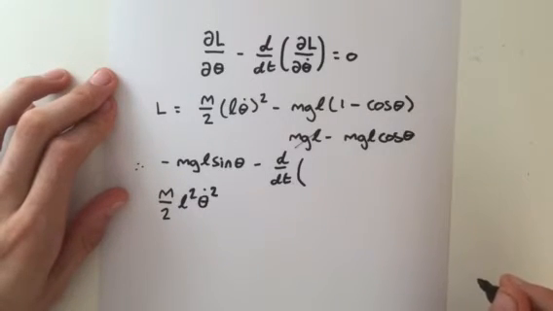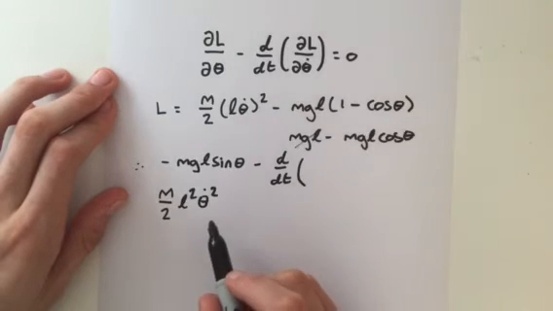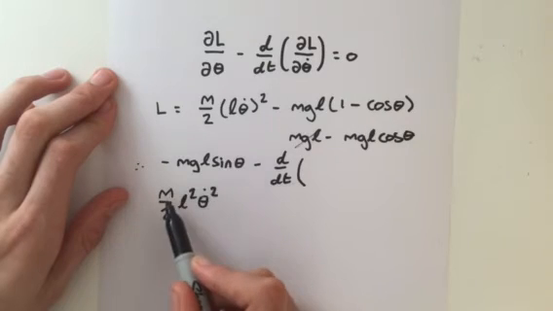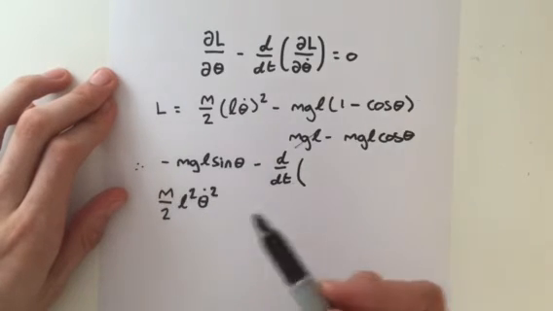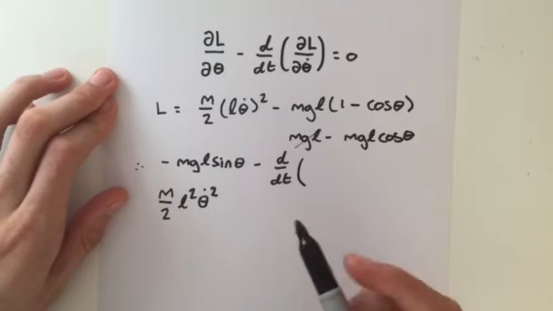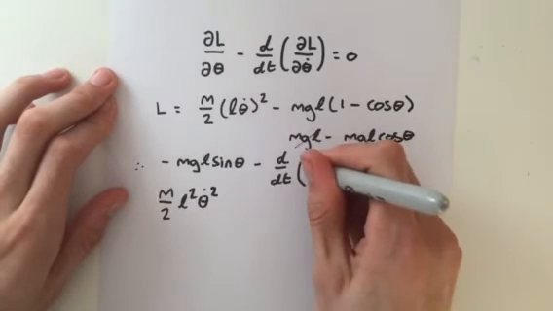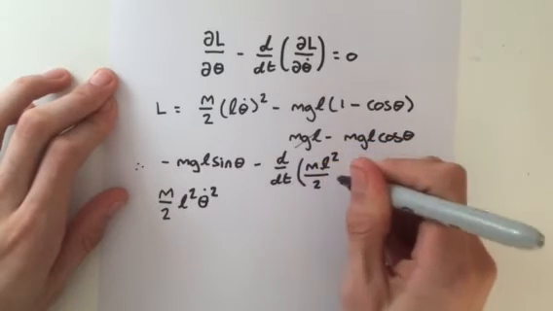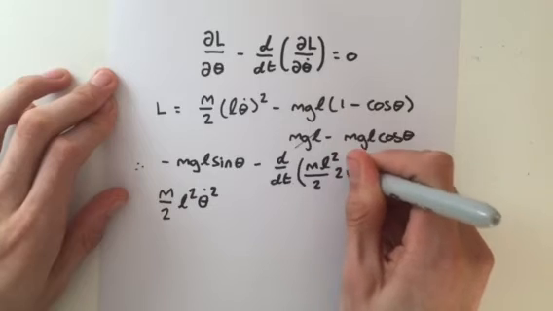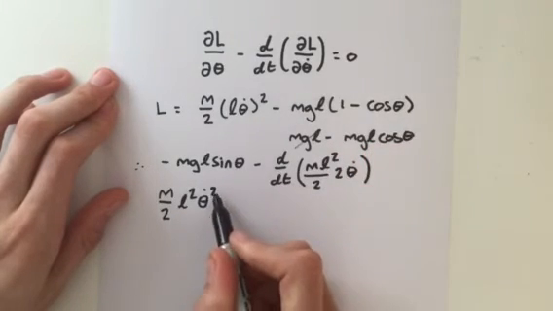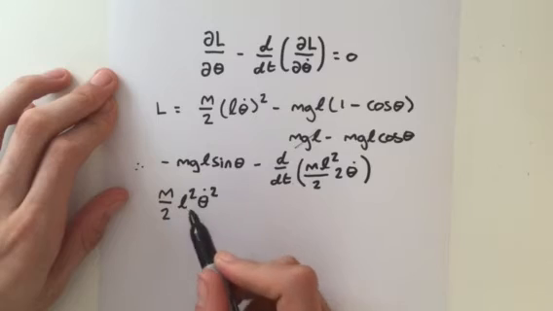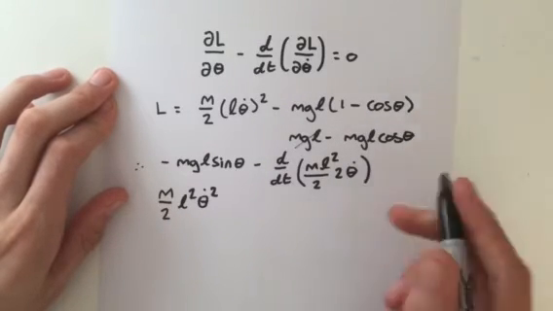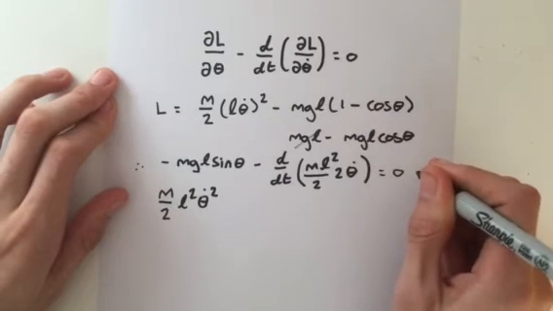So we differentiate with respect to theta dot. So using the power rule, we bring this 2 down from the theta dot. Remember, m over 2 L squared is just a constant. So therefore, we're going to get m L squared over 2 multiplied by 2 theta dot. Yeah, you just bring the 2 down using the power rule for derivatives. Therefore, we're going to get m L squared divided by 2 theta dot, and that's equal to 0.